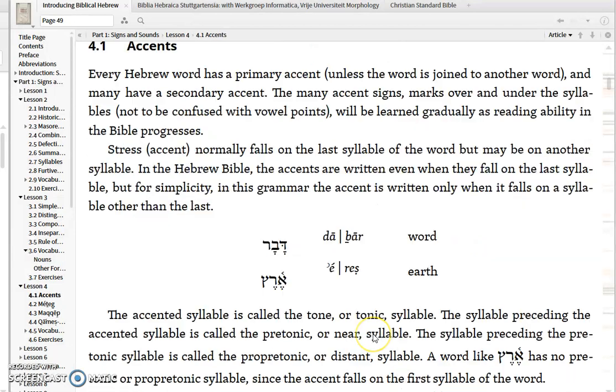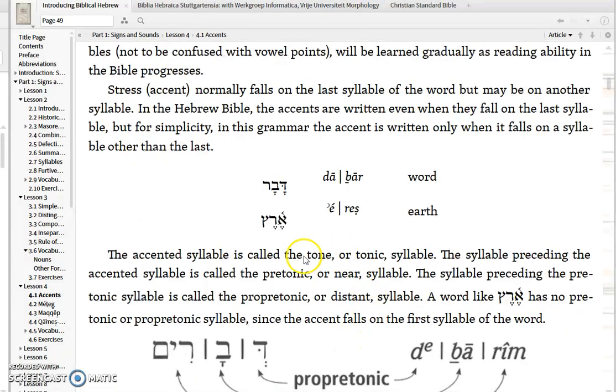Another name for the accented syllable is the tone syllable or the tonic syllable. And the syllable preceding the accent is called pretonic, or the near syllable. And then the syllable preceding the pretonic syllable is called the propretonic syllable.